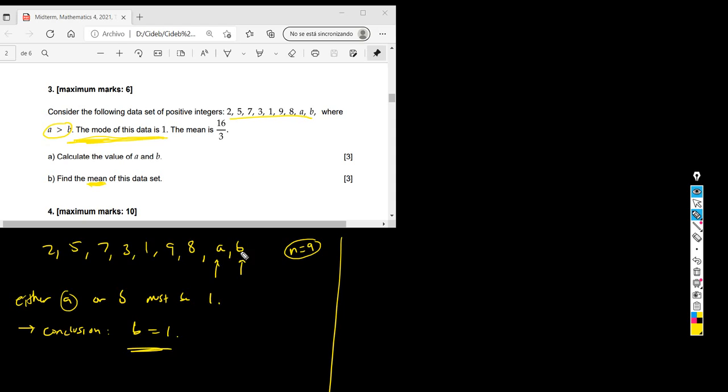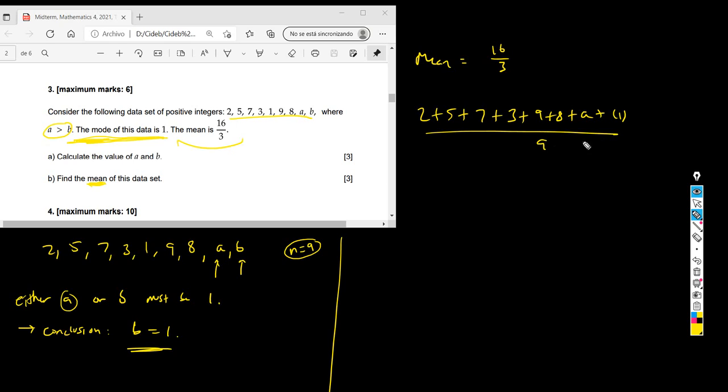How do I find A now? By making use of this: the mean is equal to 16 over 3. What that means is that the addition of all these numbers, 2 plus 5 plus 7 plus 3 plus 9 plus 8 plus A plus 1, which is B, over 9 equals 16 over 3, right?